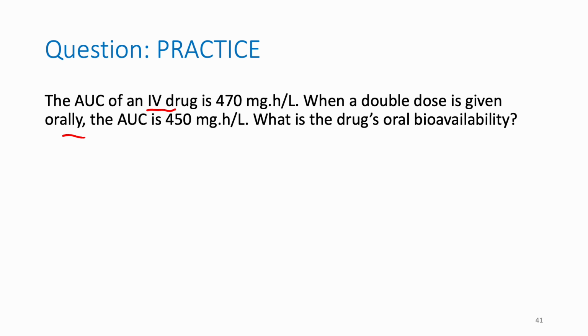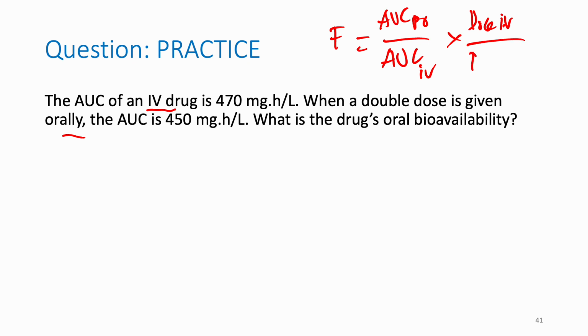When you are asked about the drug's oral bioavailability, you compare oral and IV, that's an absolute F. And absolute F is always equal to AUC of oral divided by AUC of IV times dose of IV divided by dose of oral. That's the equation.